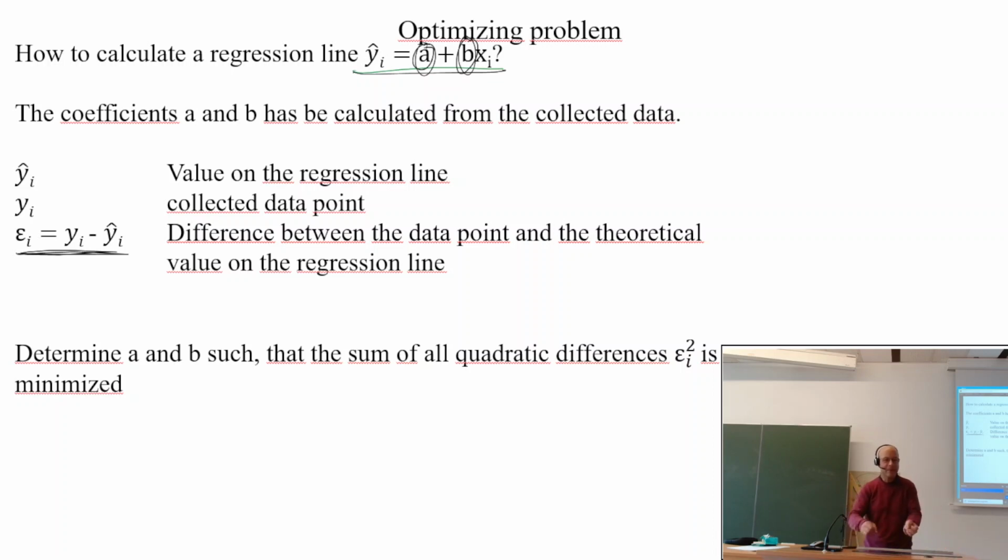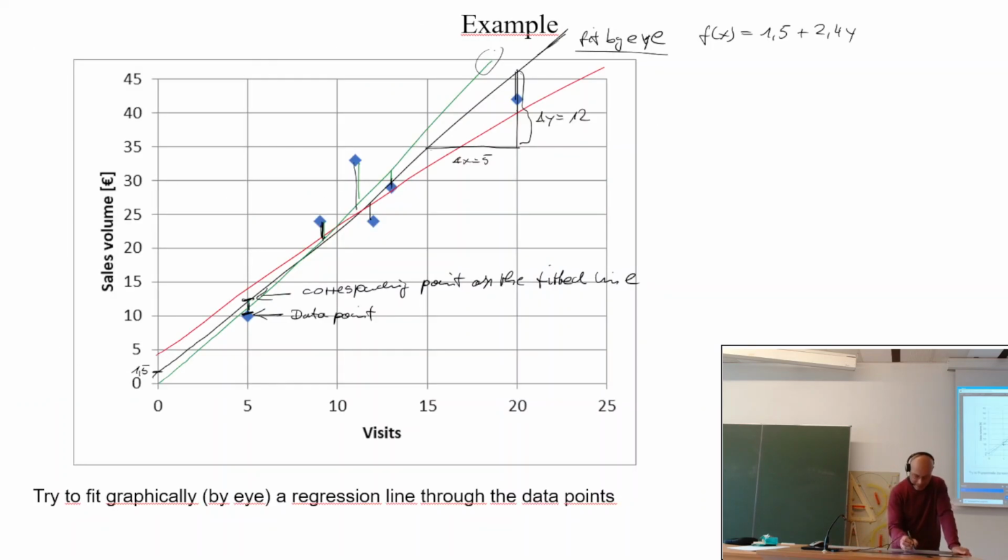Well, then we are going to the case that we say, of course, maybe we sum up all distances. But if we only sum up all distances, then of course here y hat minus y is positive.